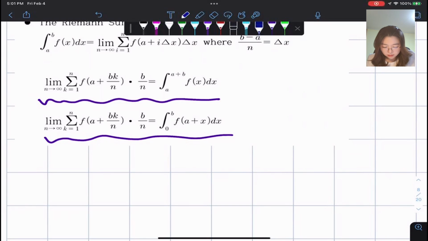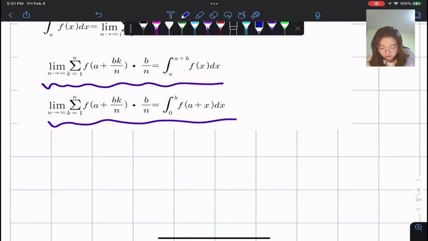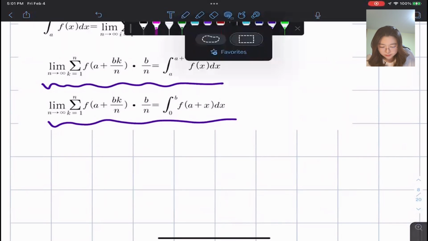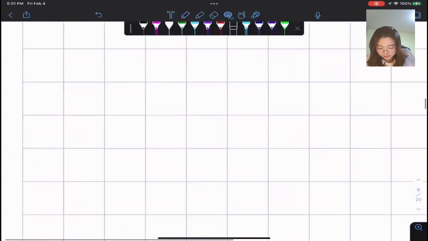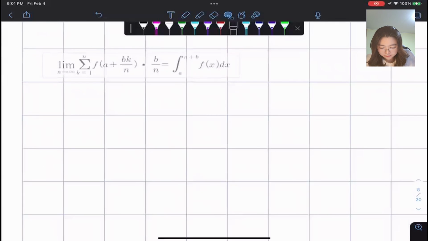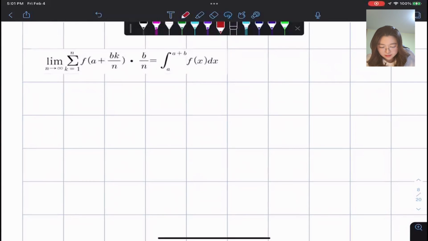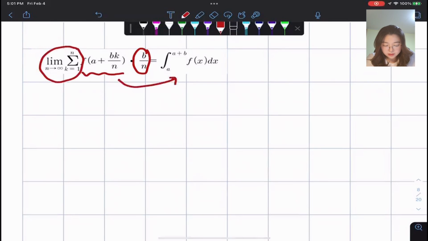Let's figure out this equation. In this case, this is the width, this is the height, and this is the integral. So we can change this form.